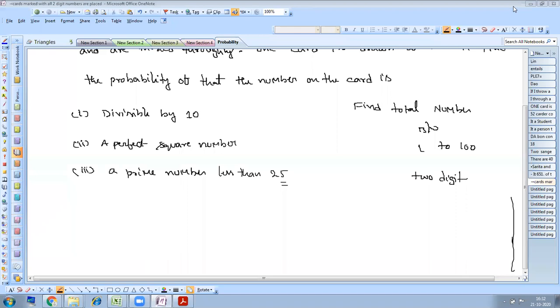Is it right? 1 to 9 is 9 numbers, and 100 is a 3-digit number, 1 to 9 are single digits. So the remaining 90 numbers are 2-digit numbers. Based on that, we can proceed.